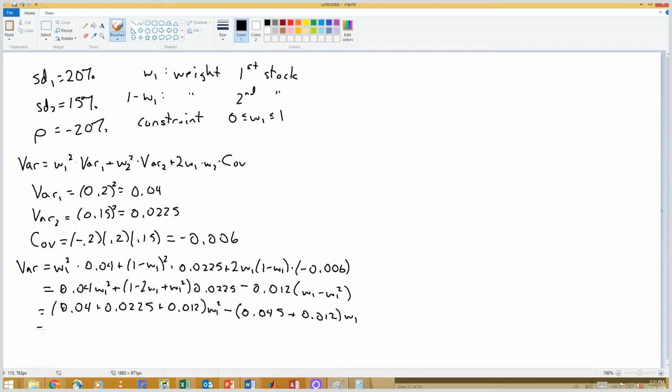We add all of this up. 0.04 plus 0.0225 is 0.0625 plus 0.012.